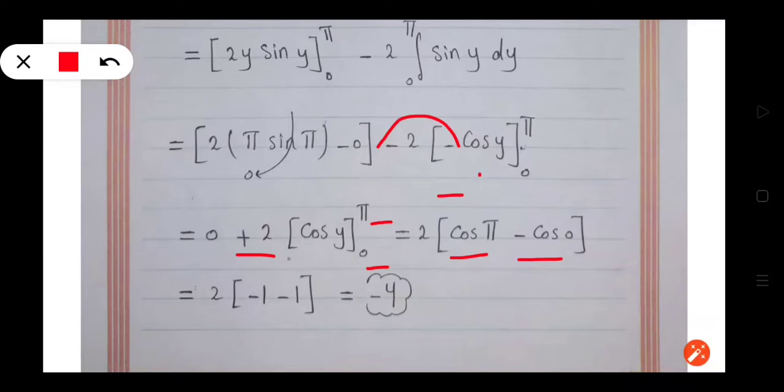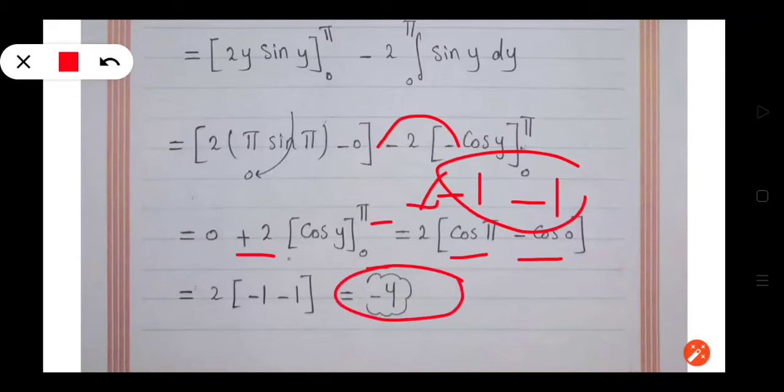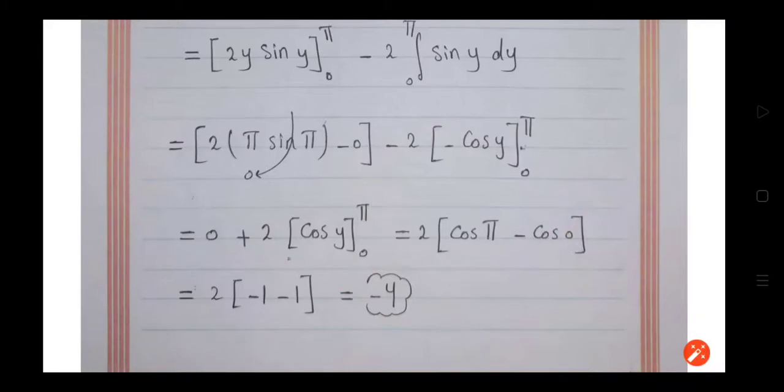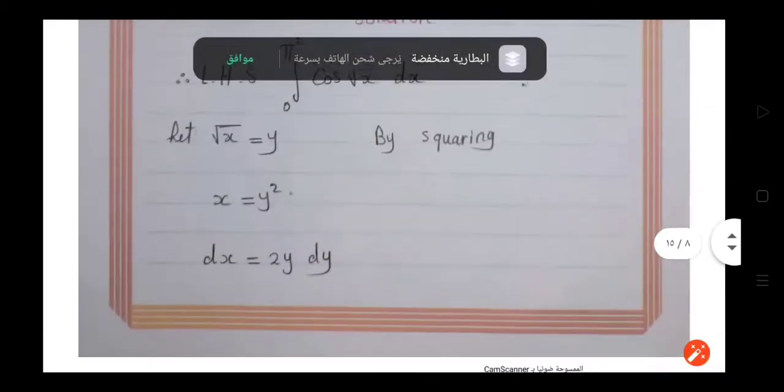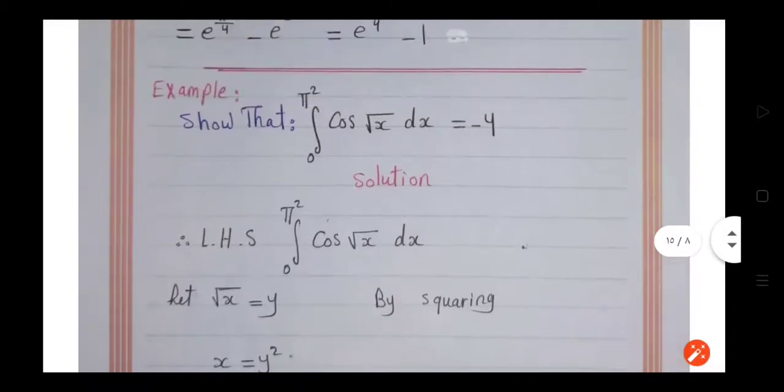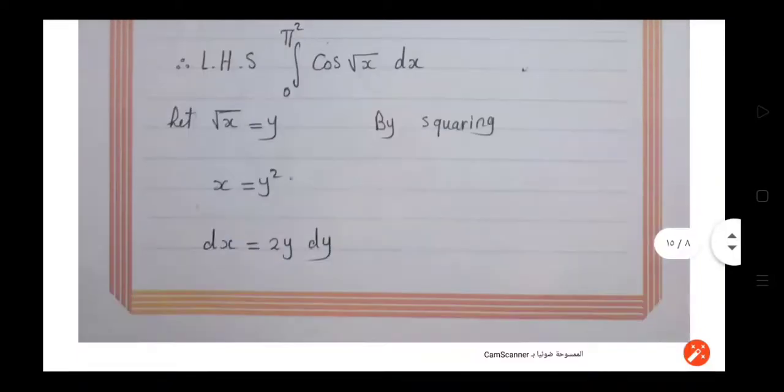Cosine pi equals negative 1, cosine 0 equals 1, so by the same sign, negative 2 times 2 equals negative 4. That is the required result of this example. Now we note that the bounded integration from 0 to pi squared of cosine root x dx equals negative 4.